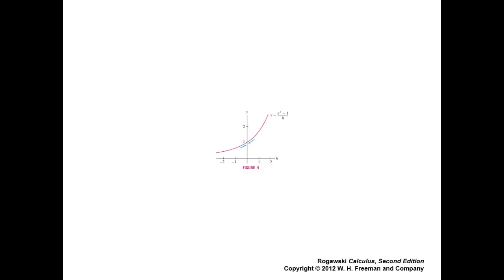And here's something that actually needs to be verified. What is the limit as h approaches 0? What in the world is h here? As h approaches 0 of e to the h minus 1 over h.